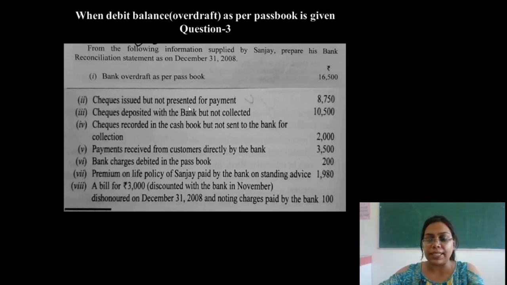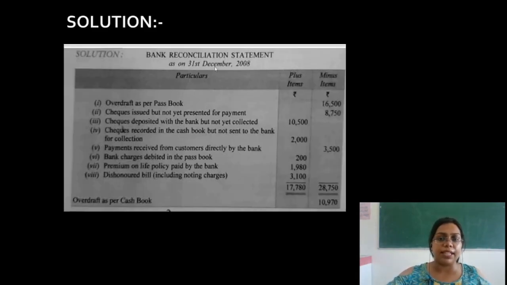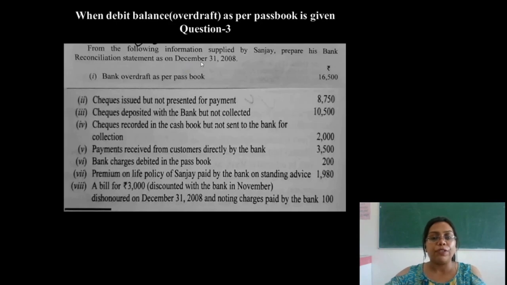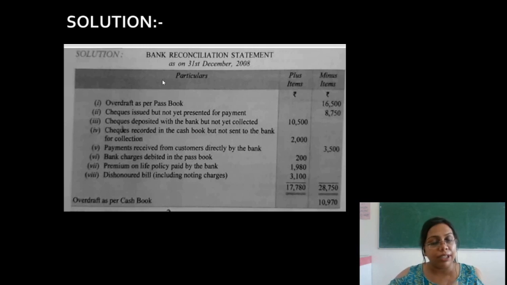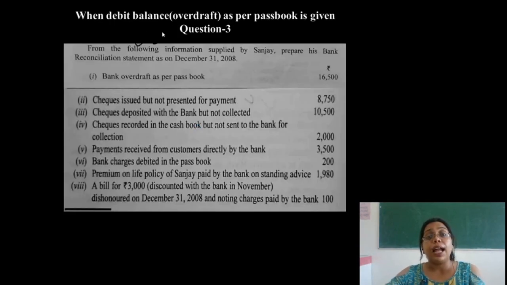So again we will start the question like bank reconciliation statement as on 31st December 2008. We'll draw a table with three columns, and in the first column we'll write particulars, second plus, third minus item. But now the change is that we will have to start with debit balance as per passbook, or bank overdraft as per passbook.